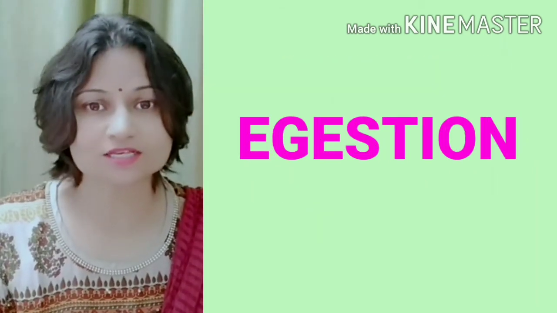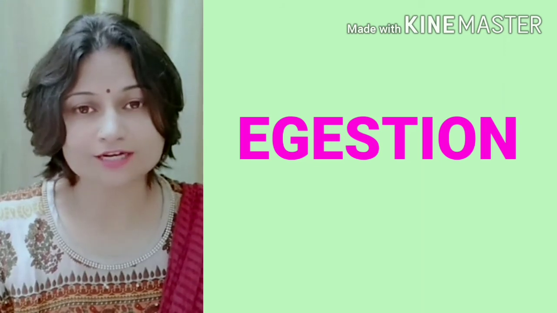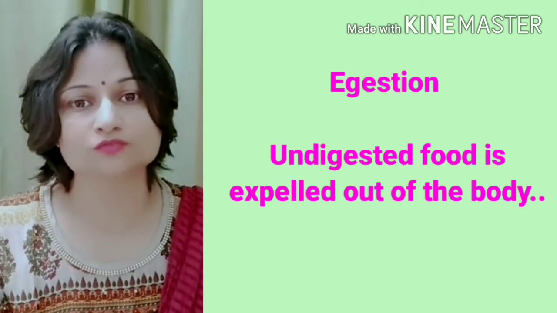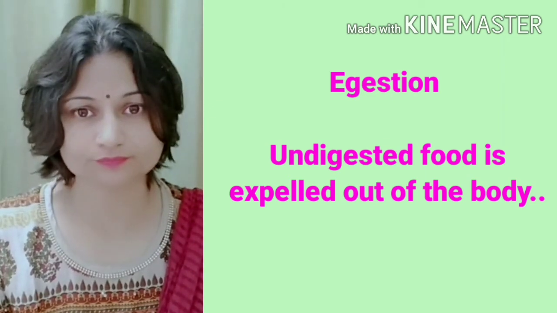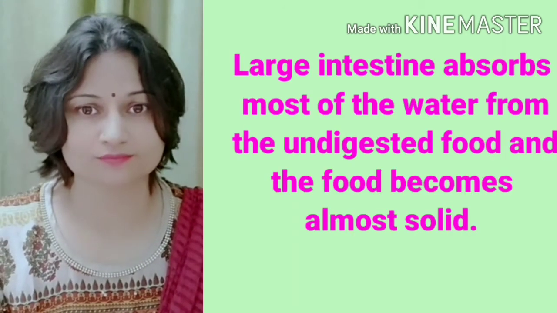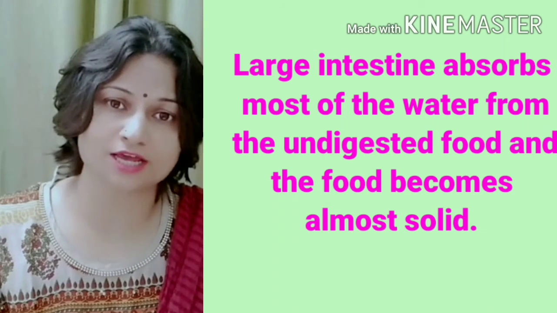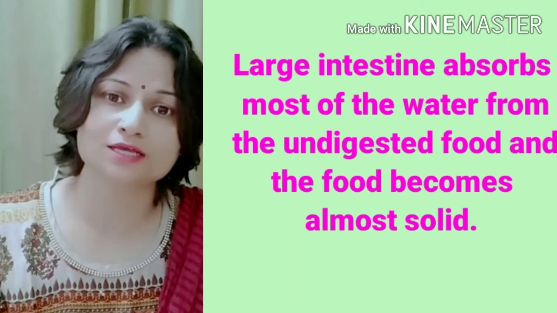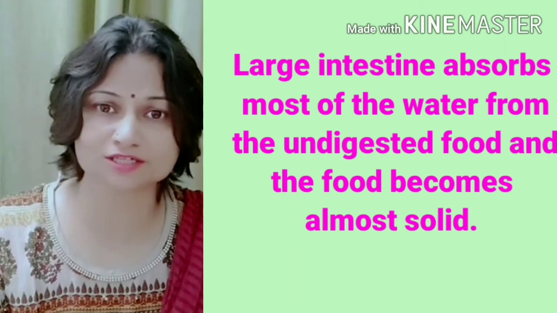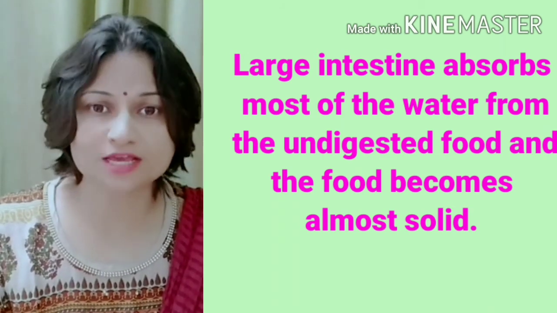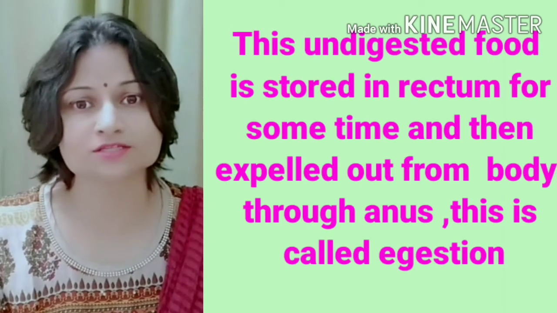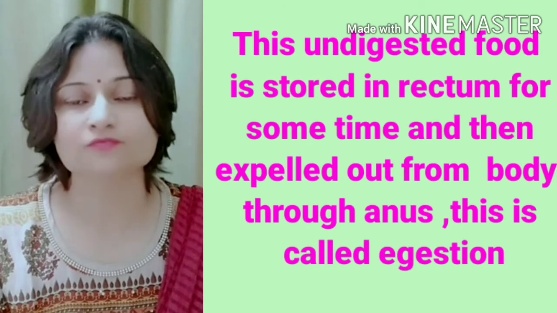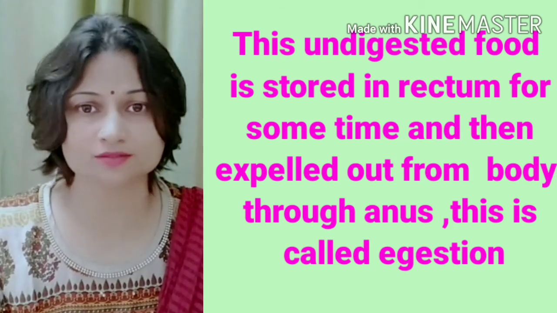Now the last step is egestion. Undigested food is given out of the body, or you can say it is expelled out of the body, that is egestion. From the small intestine, the food goes to the large intestine. In the large intestine, the leftover water in the food is absorbed from the walls of the large intestine, and now the undigested waste food becomes solid and gets stored in the rectum, and after that it is expelled out by the anus.